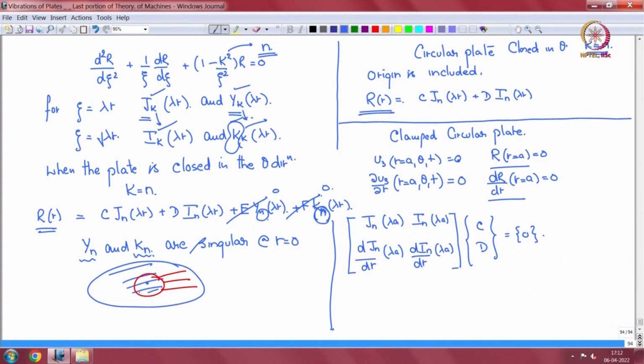So again, for non-trivial values of c and d, if this has to hold, then the determinant of this matrix must be 0.